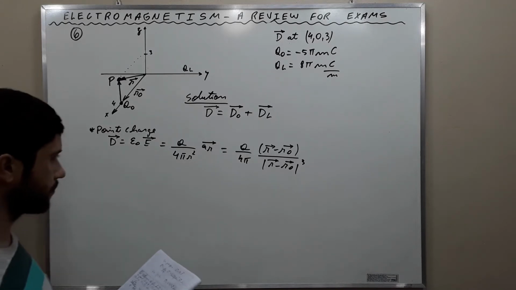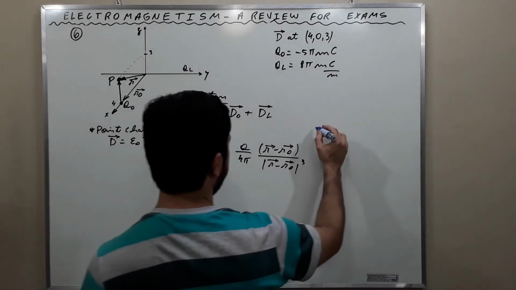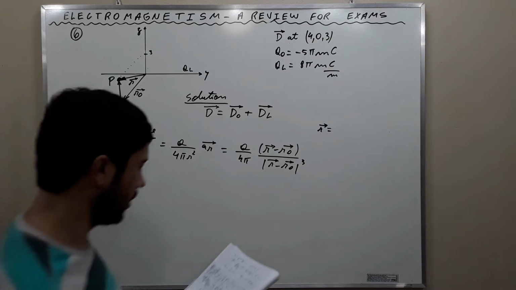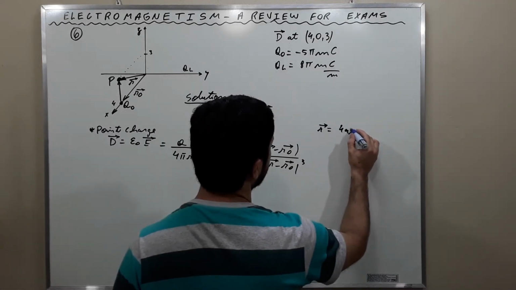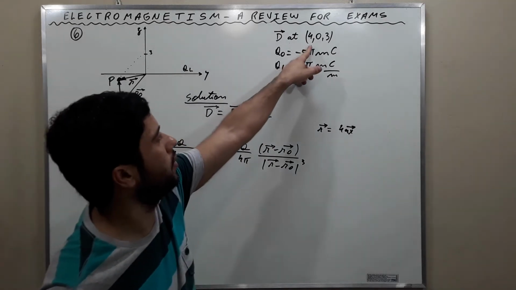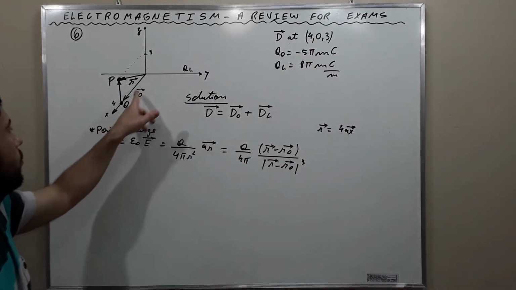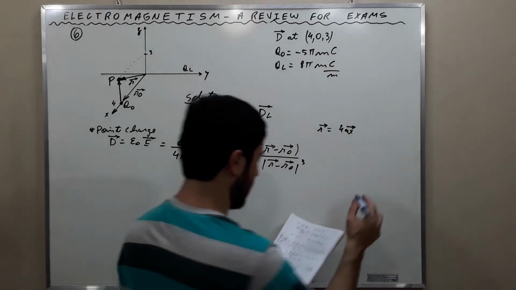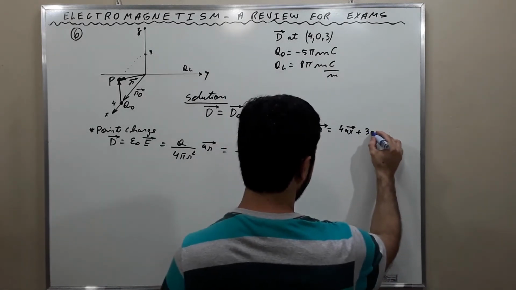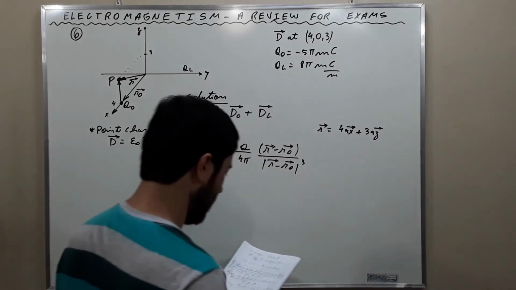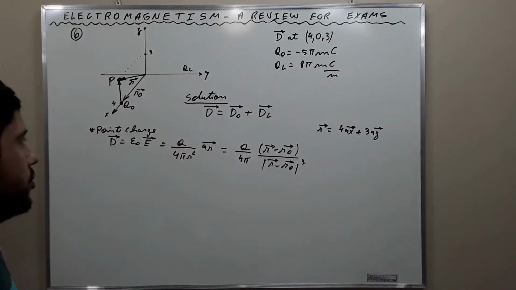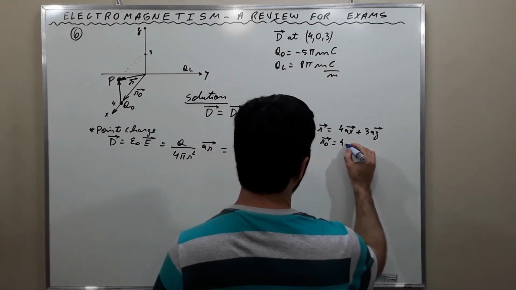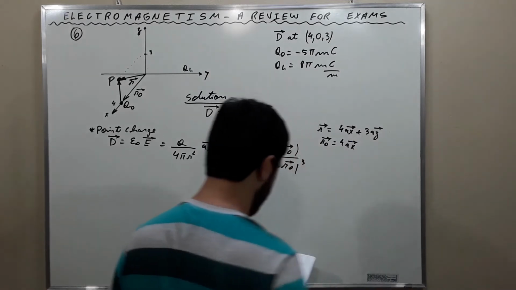And r will be equal to 4 in the ax direction plus 3 in the az direction, and r0, which positions the charge, is simply 4 in the ax direction.